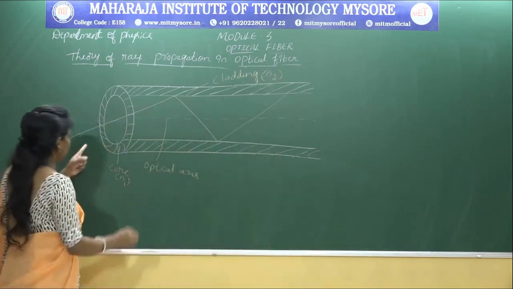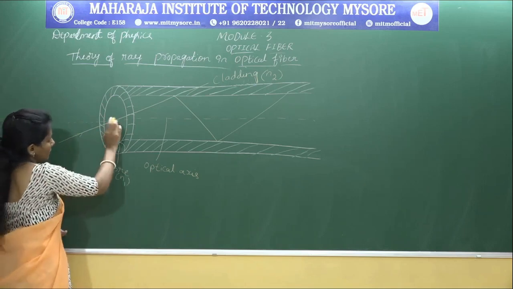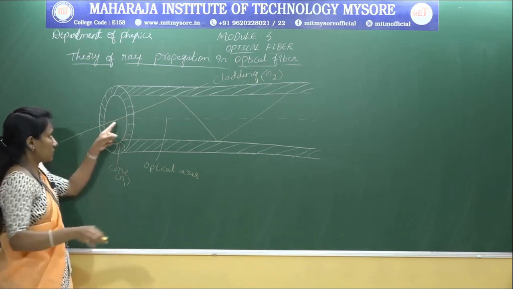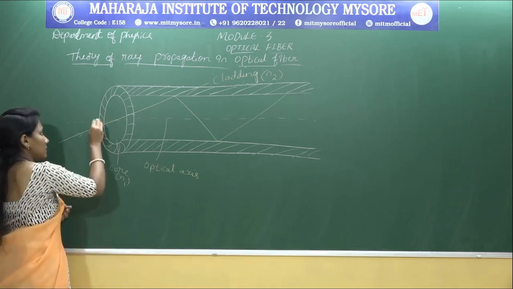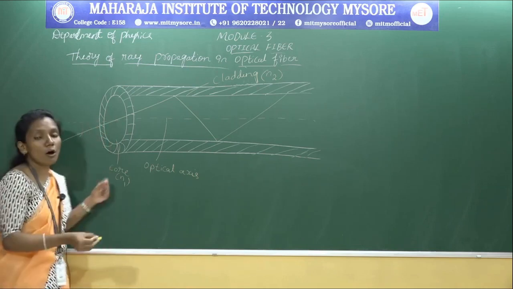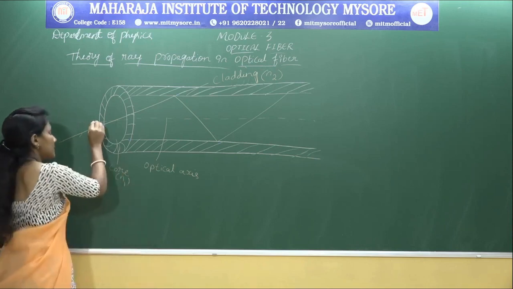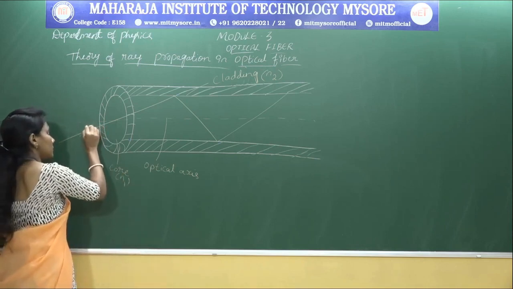When a ray of light enters from the surrounding medium into the optical fiber, at that time it makes an angle with the optical axis, that is theta naught.